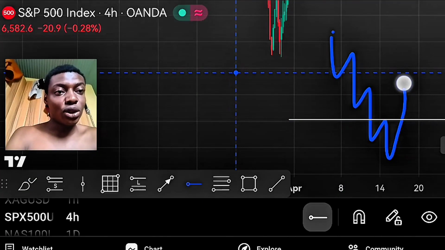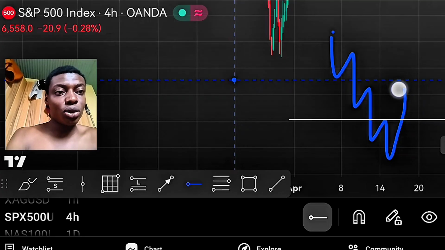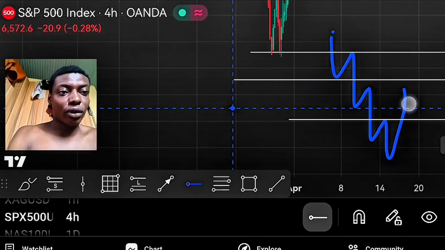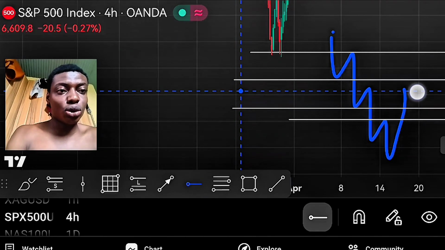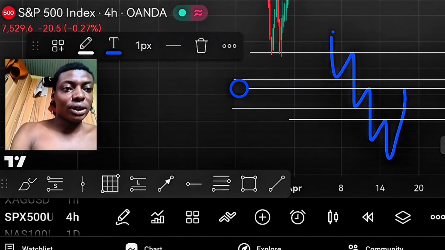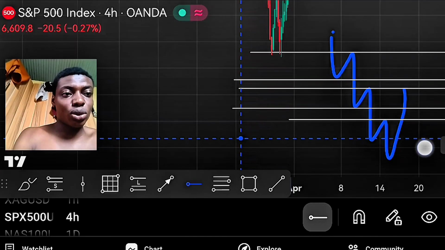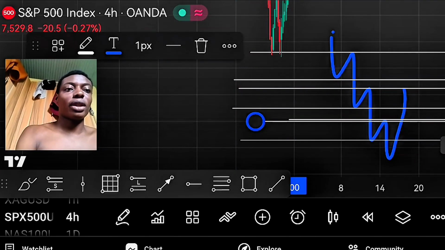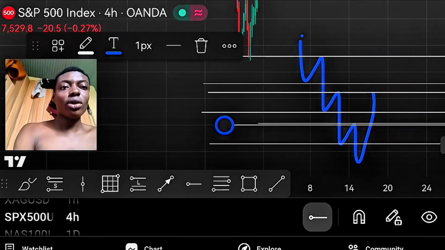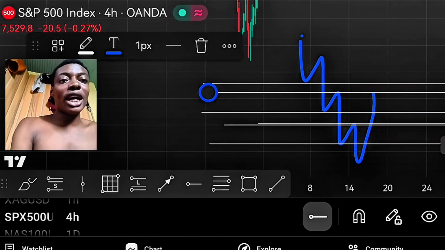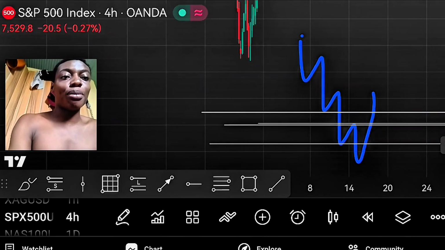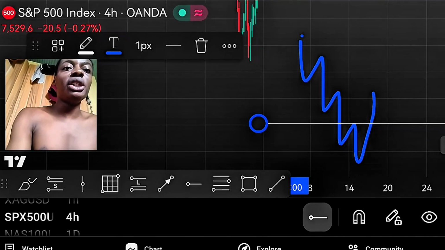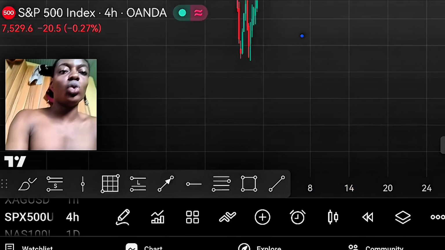This is lower low, lower high, lower low, lower high, lower low, lower high, and the candle that closes above the lower high should be the body of the candle, not the wick.